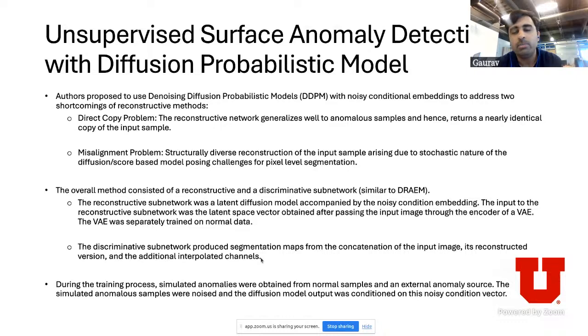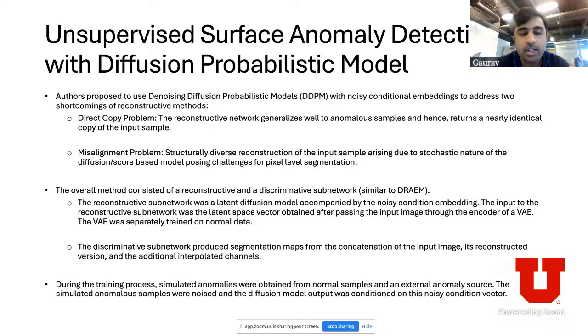That's basically an innovation that the authors have added, and I'll talk about it. During the training process, simulated anomalies were obtained from normal samples and an external anomaly source. The simulated anomalous samples were noised, and the diffusion model output was conditioned on the noisy condition vector.